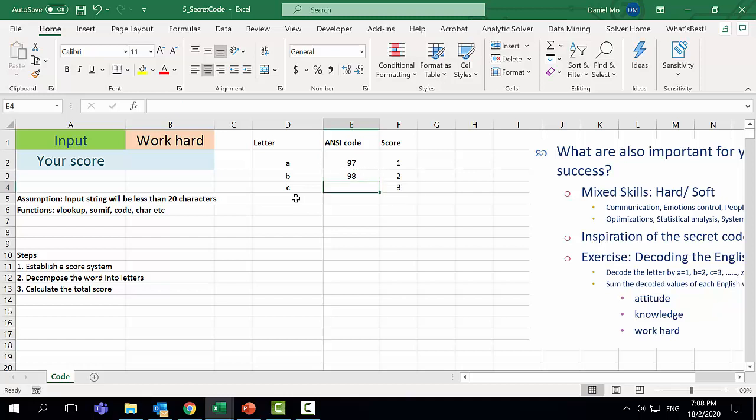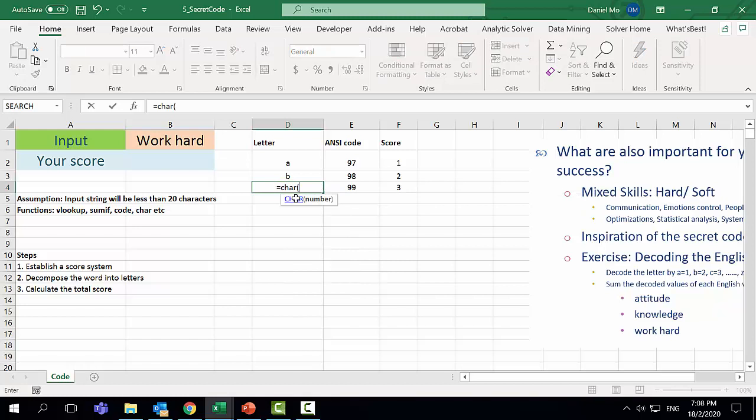So it means those ASCII codes increase when the letter increases. Because of that, for 99, what is the corresponding character of C? It will be the formula CHAR. Then we can get C, right?